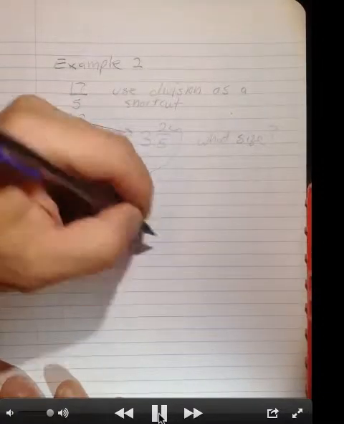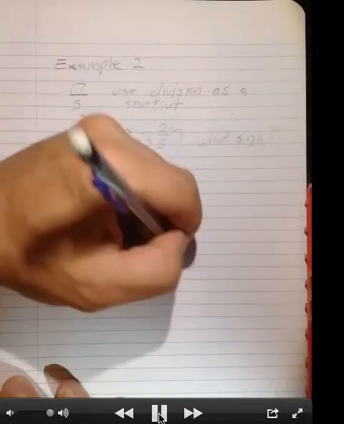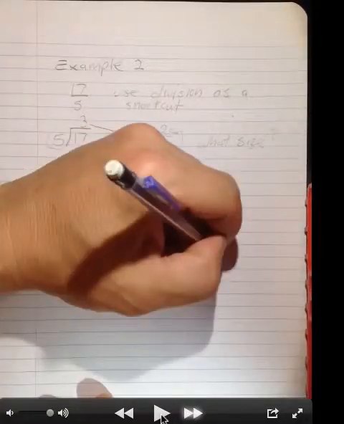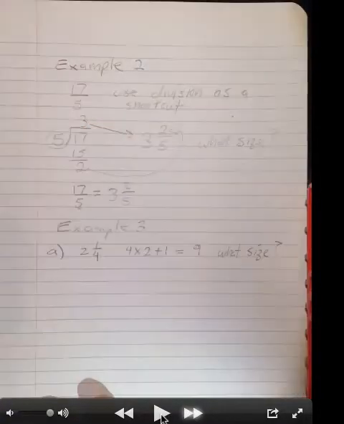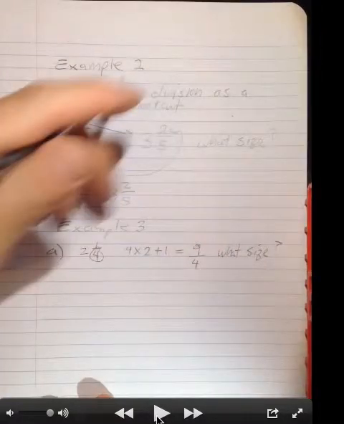Each of the pictures would be divided into 4 parts, and there'd be 2 of them. So we do 4 times 2. So, 4 times 2 plus 1 is 9 parts shaded. What size are they? They're fourths. So 4 times 2 plus 1, fourths.